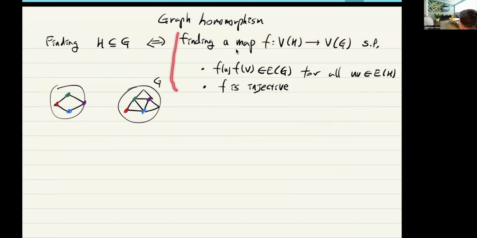And sometimes if we just want to relax this condition by deleting this injectivity condition, then the problem often becomes easier and we can find more tools to deal with. And that's what's called a graph homomorphism. So we want to find a map which satisfies the first condition.